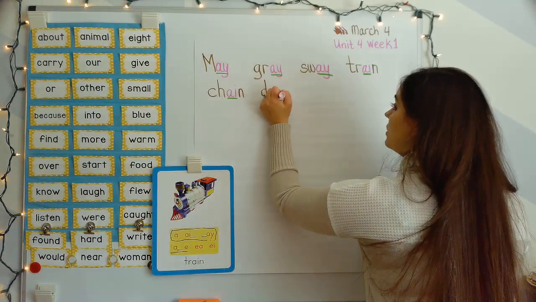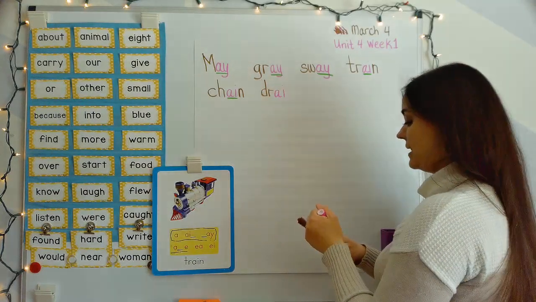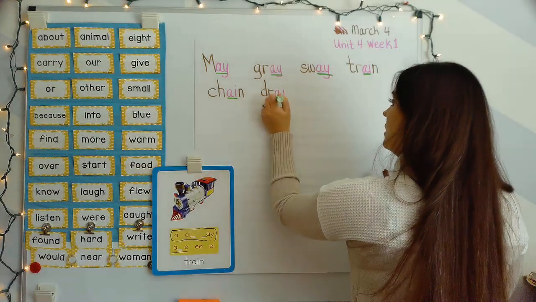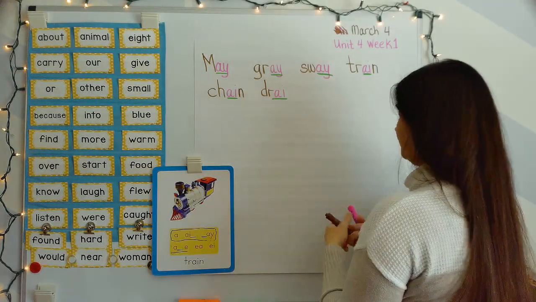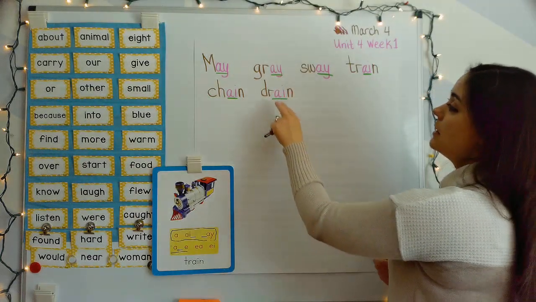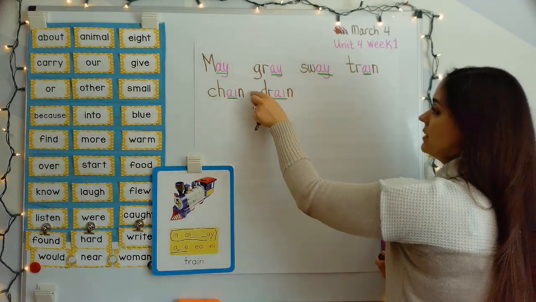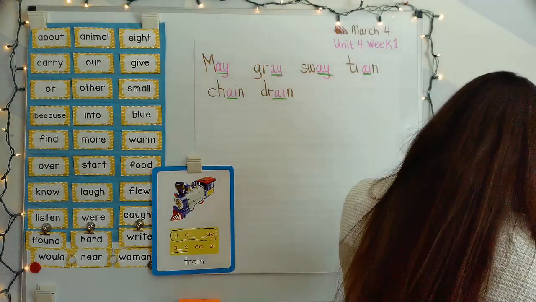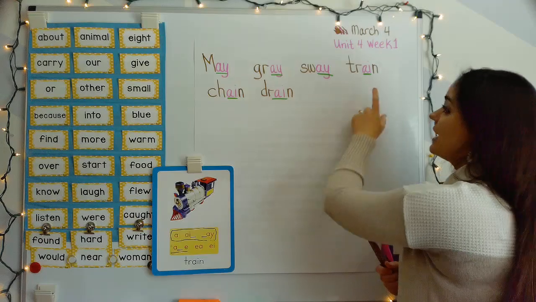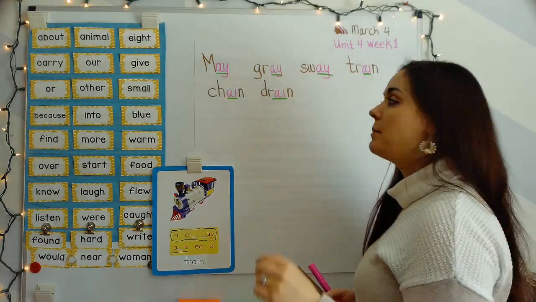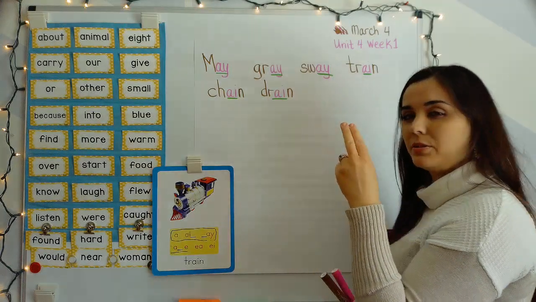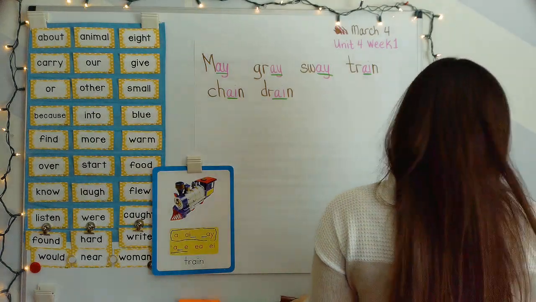And a vowel team to say long A, dur, A. And says dur, A, drain. And we can see that chain and drain and train, they all rhyme. They've got that ain at the end, long A and N, those two sounds, ain.